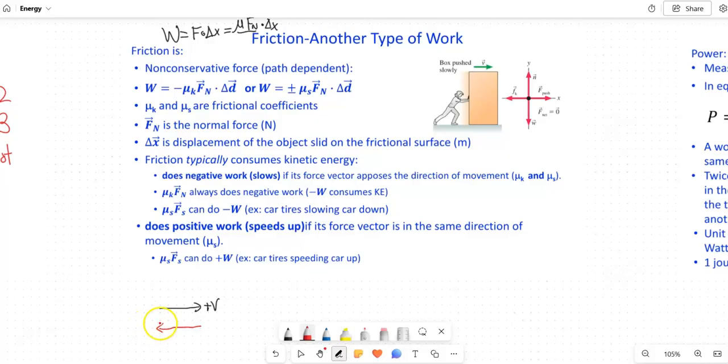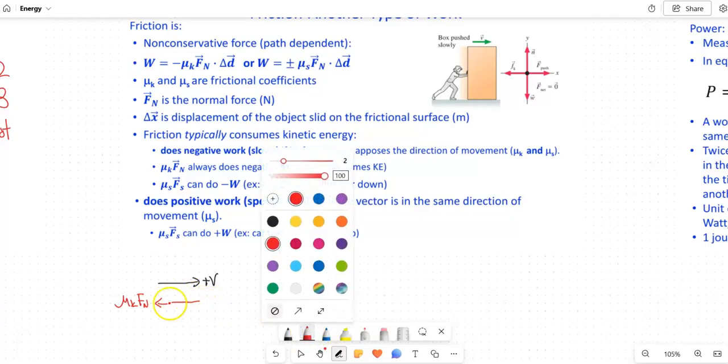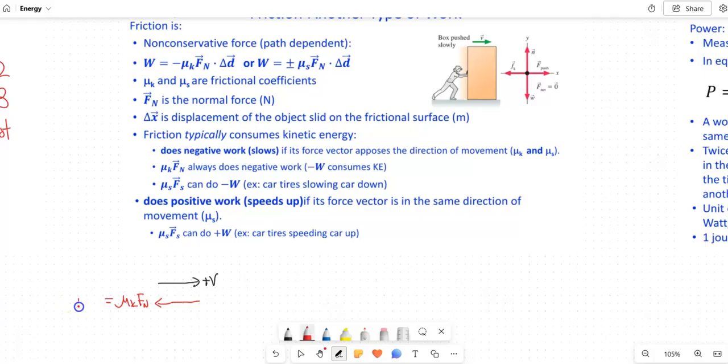So mu sub k times the normal force works opposite your velocity vector. So kinetic friction will always slow you down. Since this is also equal to mass times acceleration, kinetic friction will always slow you down.